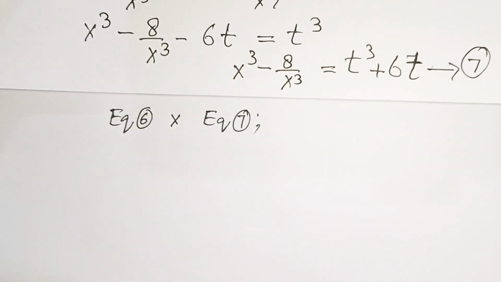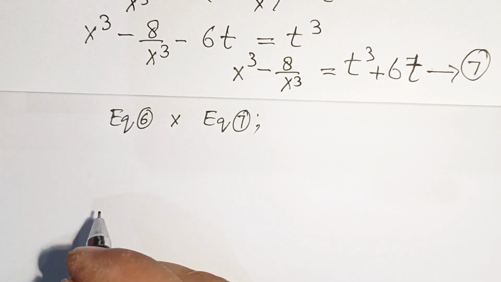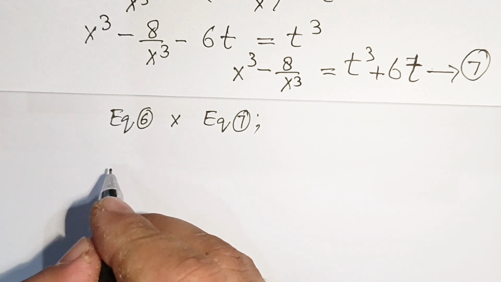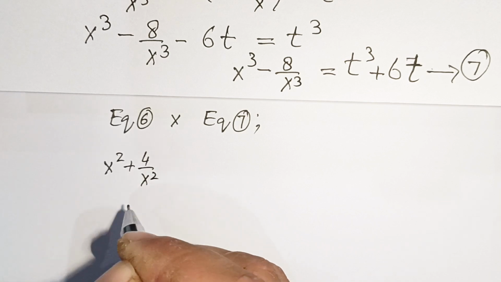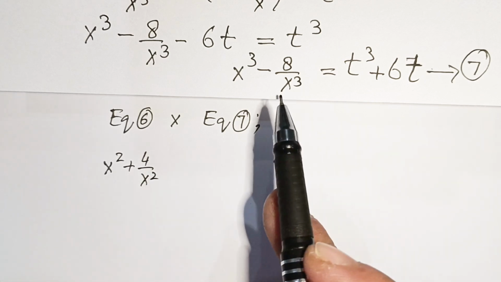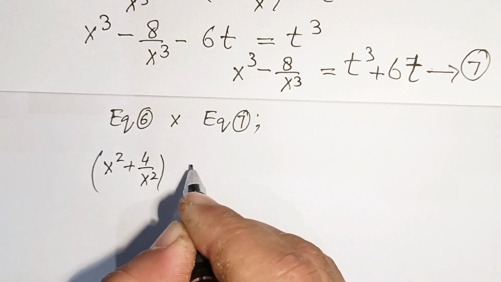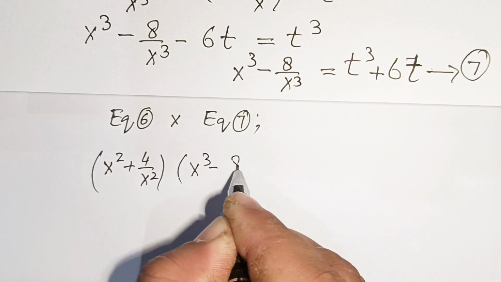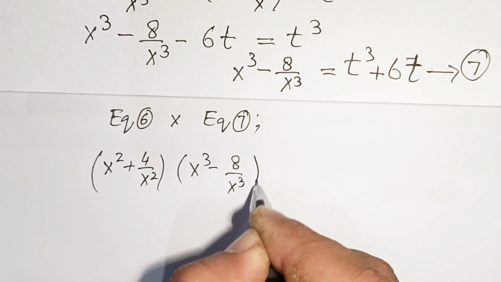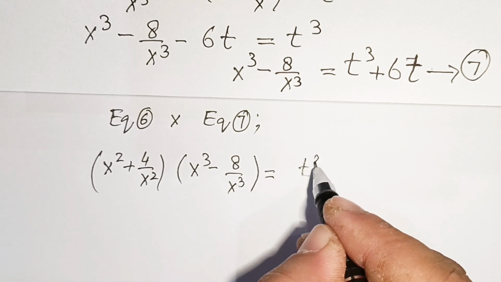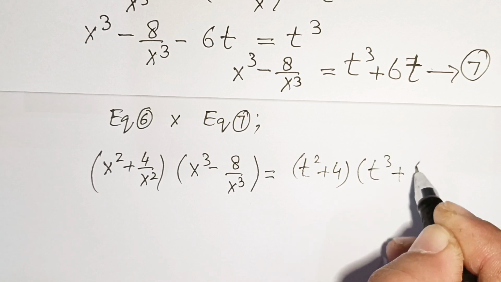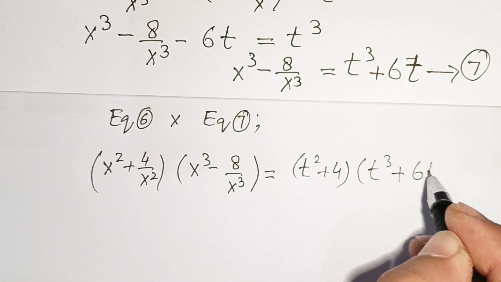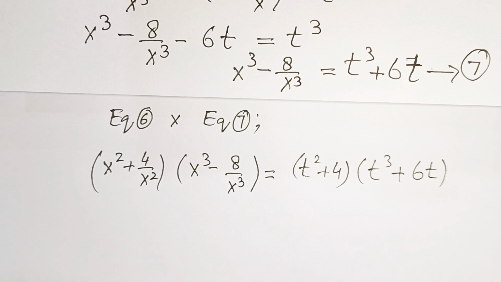Multiplying, the left hand side is x squared plus 4 over x squared times the left hand side of equation 7, which is x cubed minus 8 over x cubed, is equal to t squared plus 4 times t cubed plus 6t. Now we have to multiply.